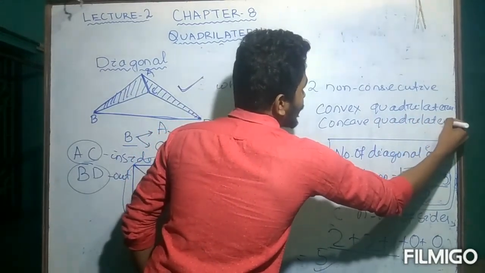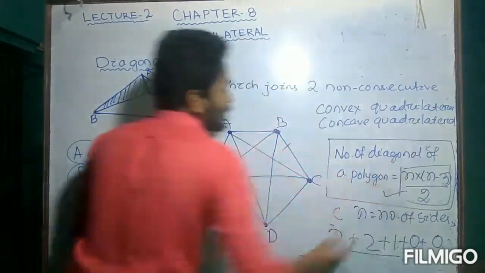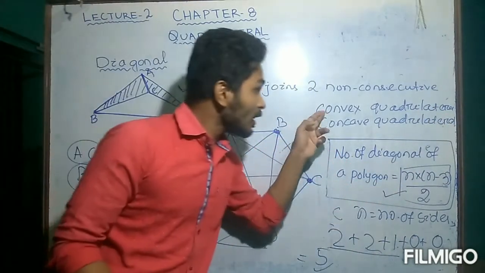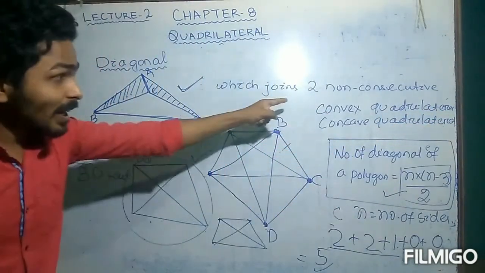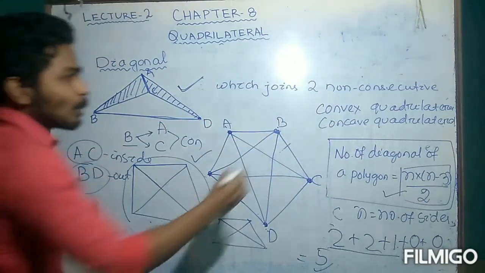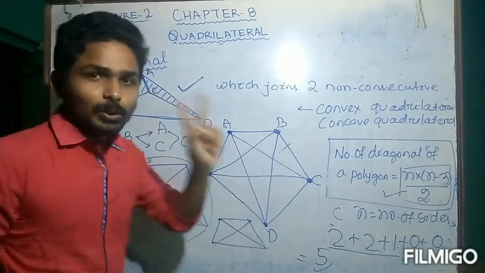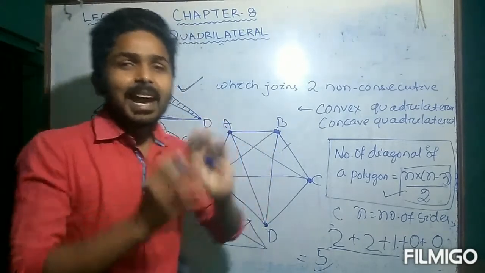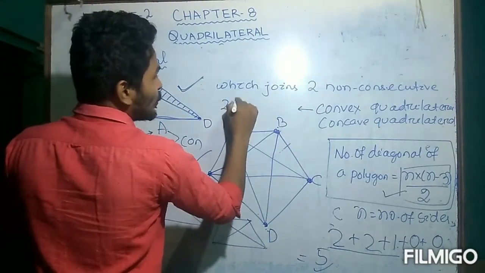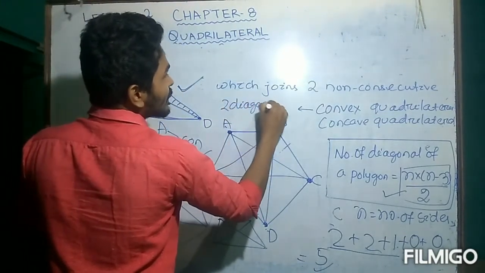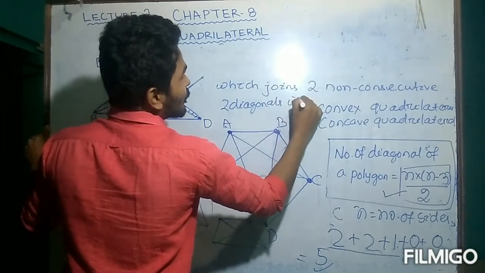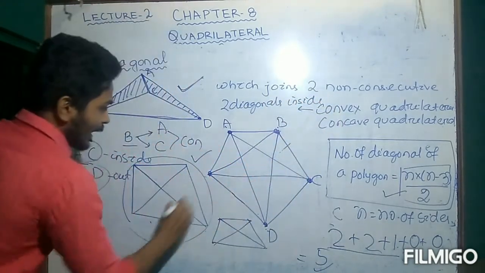If you want, then you can write it. So what is a convex quadrilateral? A quadrilateral in which the two diagonals lie inside the figure. Two diagonals inside the figure, like this.